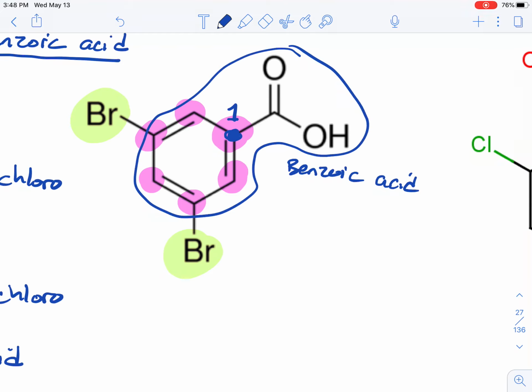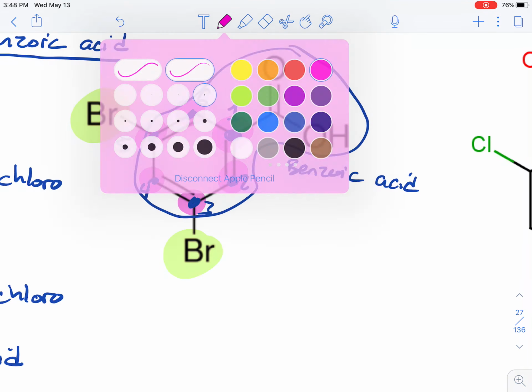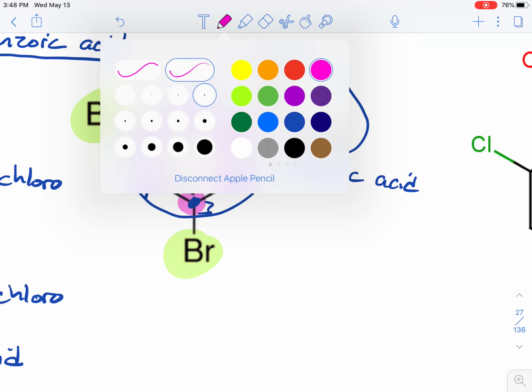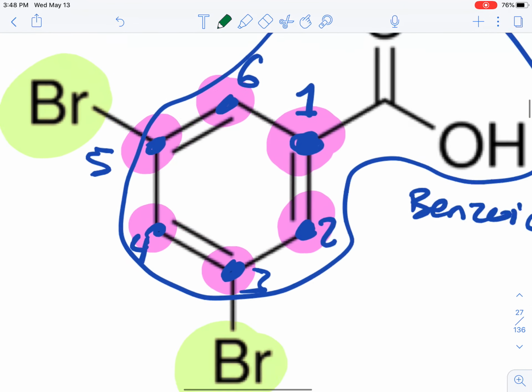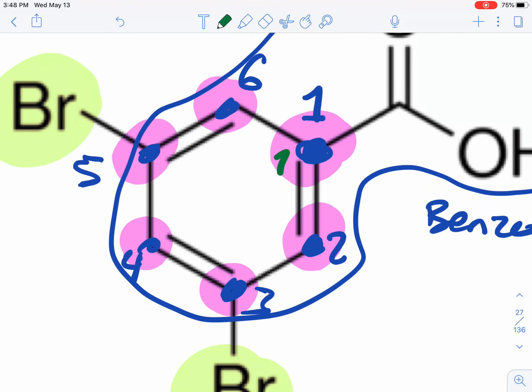If I were to number it clockwise, I would get 1, 2, 3, 4, 5, 6. If I were to number it counterclockwise, this is going to be 1, 2, 3, 4, 5, 6.